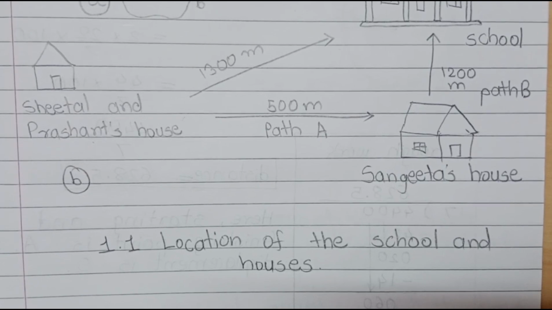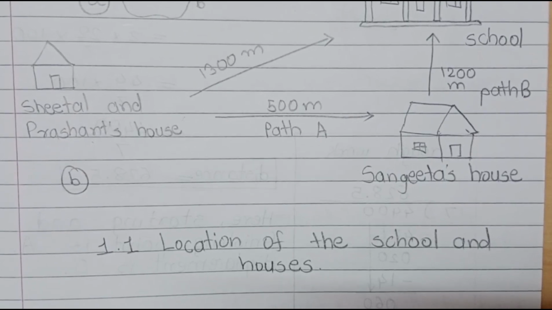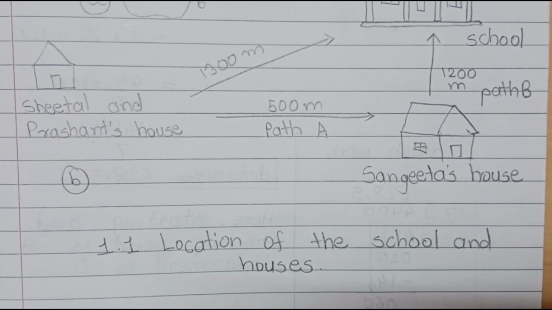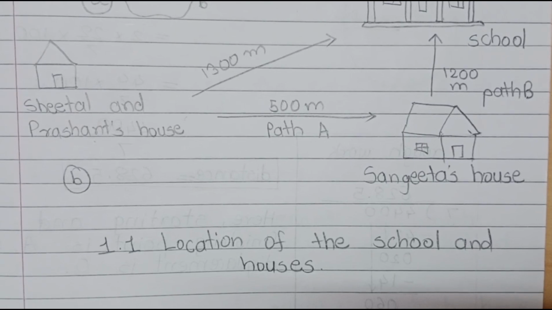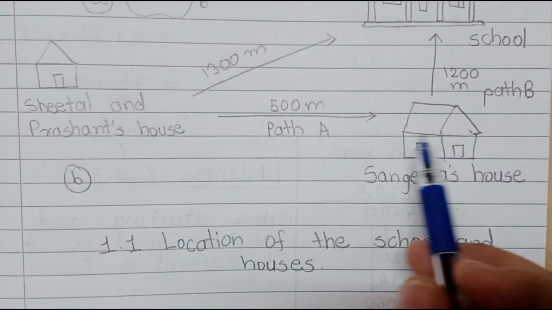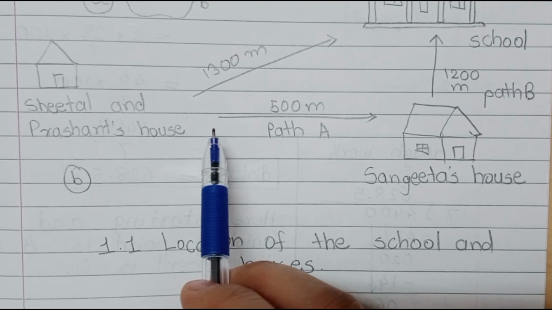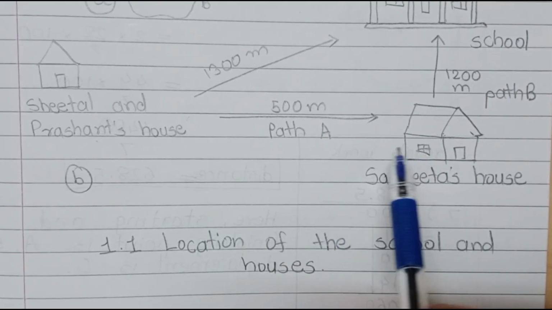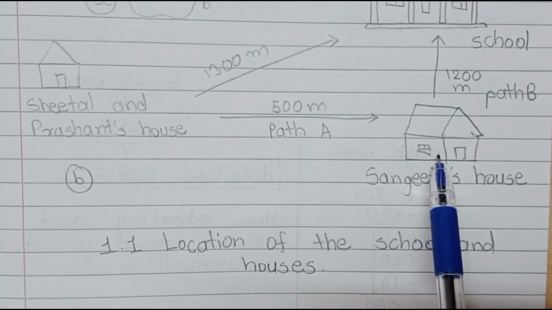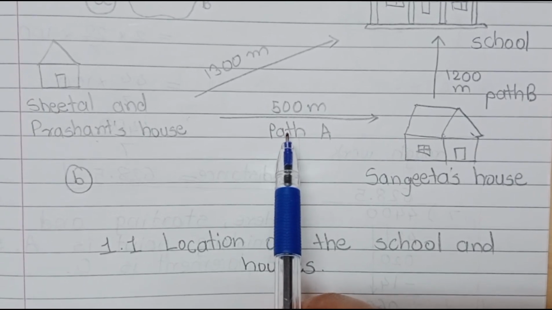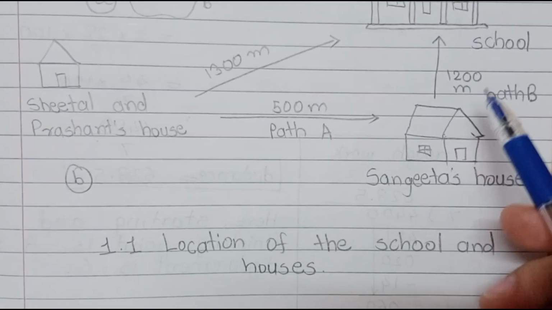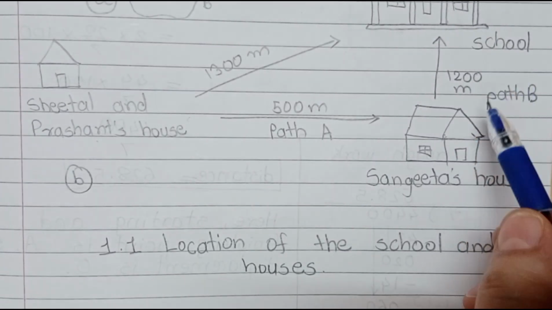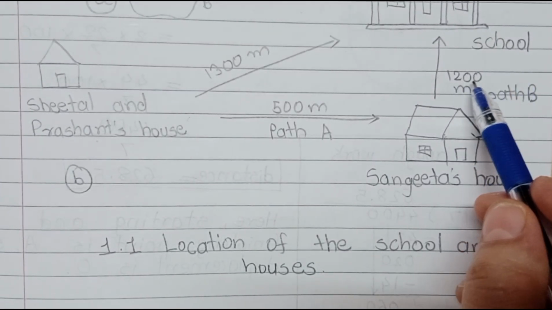Now students, look on page number 3. In the first example, the straight line distance between the houses of Sheetal and Sangeeta is 500 meter, and that between Sangeeta's house and school is 1200 meter.